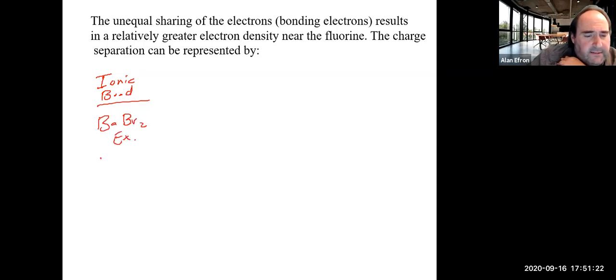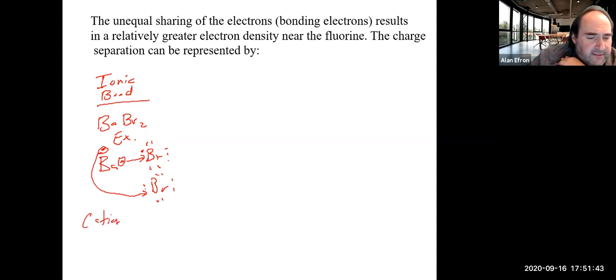And in this case, the barium, same deal, is going to completely transfer its electrons over to the bromine. And in this case, needs 2 of them to do so. And that's going to give us our cation, which is positively charged, and our anion, which is negatively charged. And again, no sharing of electrons here.